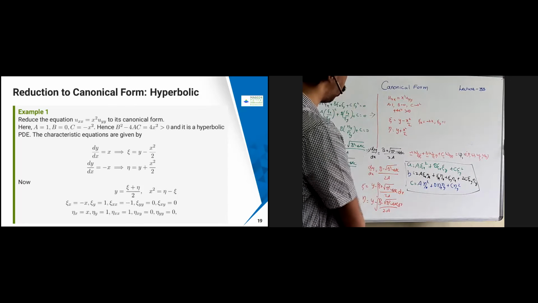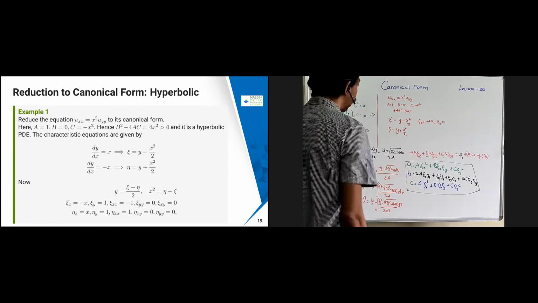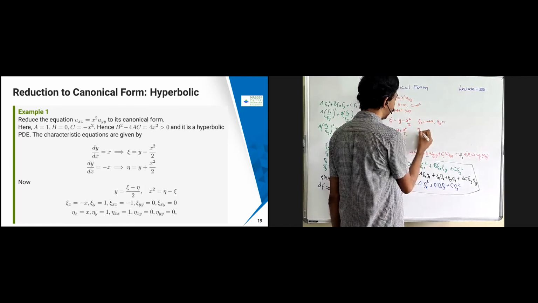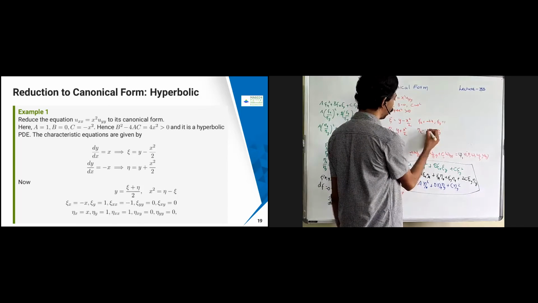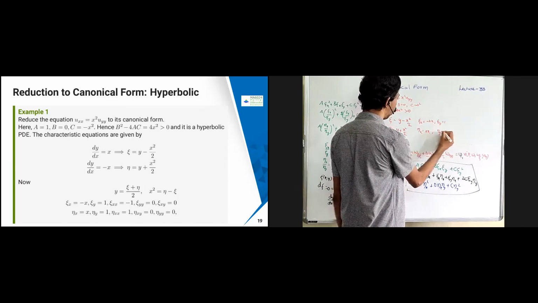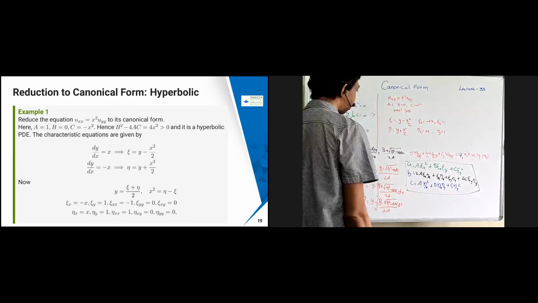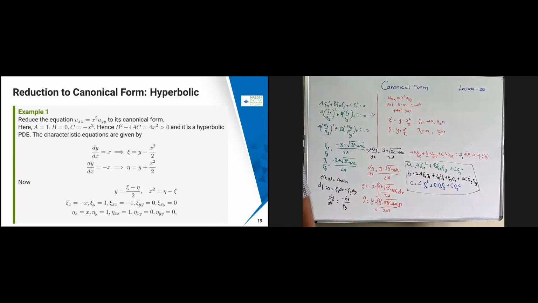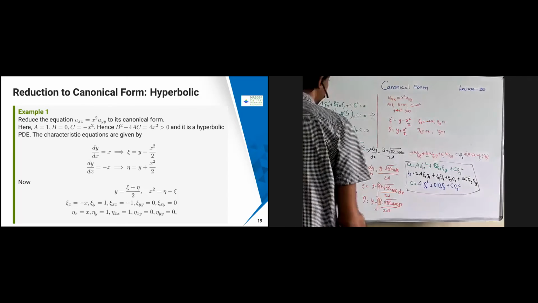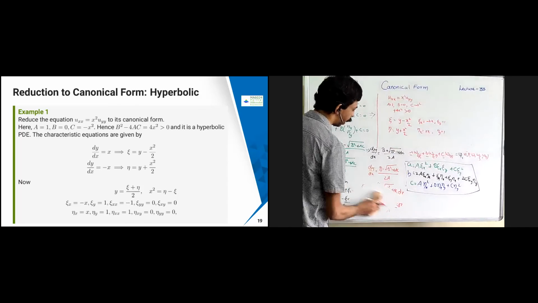Once you substitute in the original equation, you require those; otherwise you don't require anything more. Similarly you can find eta_x and eta_y. Eta_x is going to become x, and eta_y is going to become 1. If I substitute over here, I also need to get the other terms, so I need to do some more work now. We'll see. We found chi and eta.